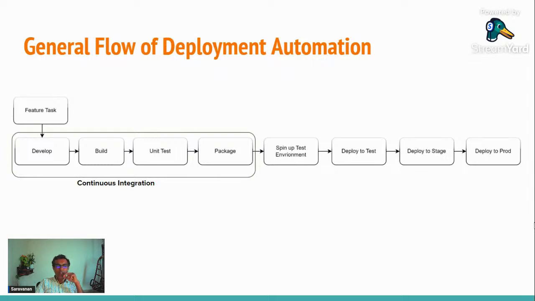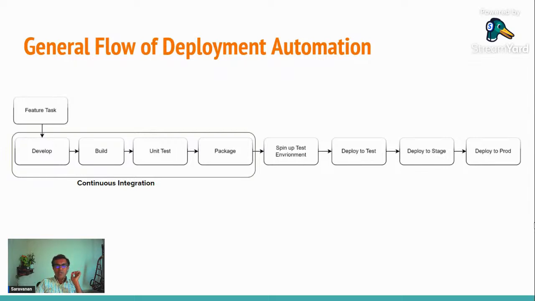Actually, there is also security static code analysis that needs to be added, but I haven't added it here because I'm planning to take a separate session on the security aspects of CI/CD, right? So this is an understanding of CI. In summary, it starts from the developer checking in the code through to the creation of packages, right?